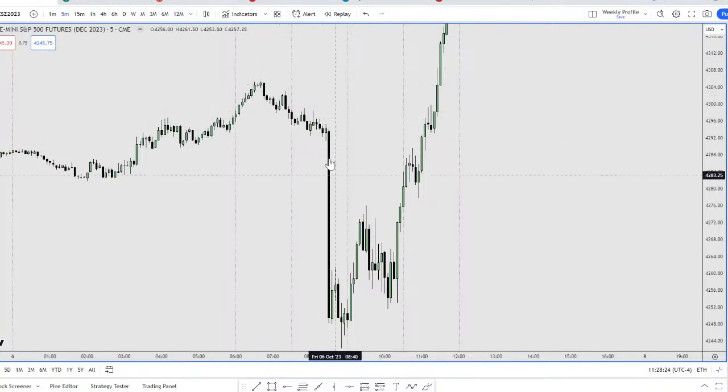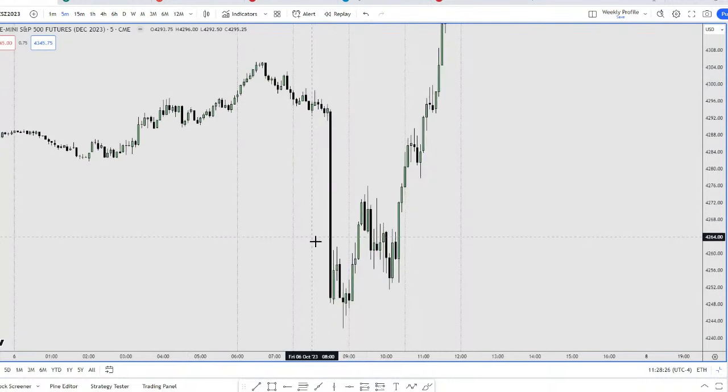Okay, and then it drops. Okay, so what time did it drop? It's between 7:30 to 9 o'clock. So that's Q2 of the AM session. So from here you can see that this is a good potential of a manipulation.